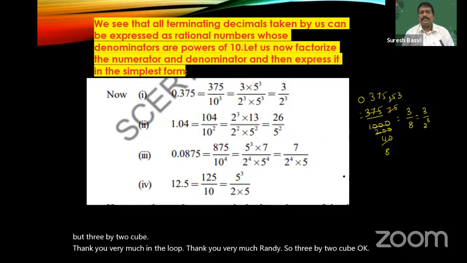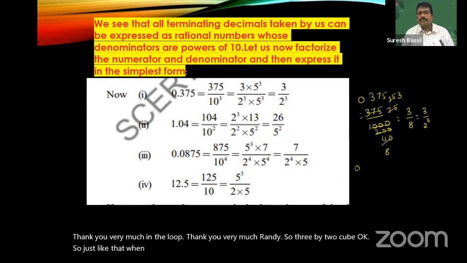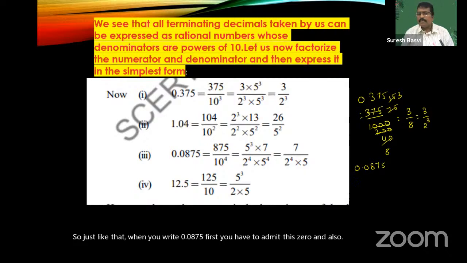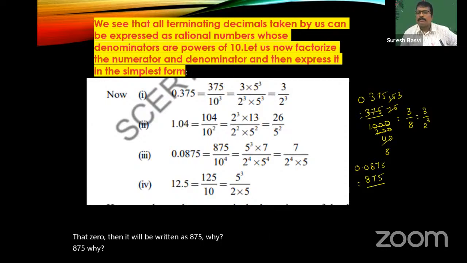So just like that, when you write 0.0875, first you have to omit the 0 and also that 0. Then it will be written as 875 by, 1 2 3 4, 4 zeros are there. So after 1 you have to put 4 zeros.